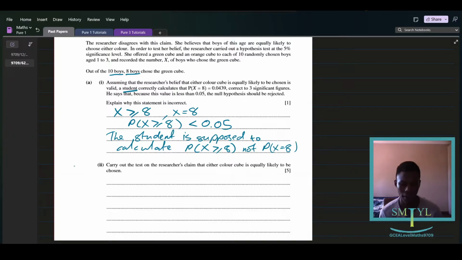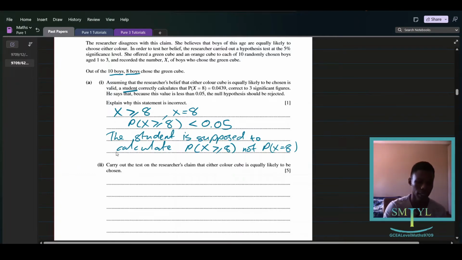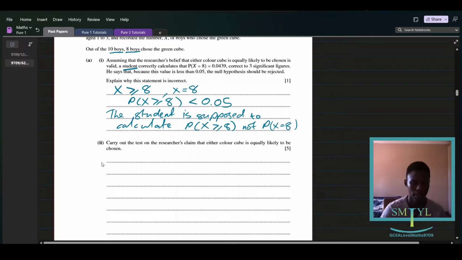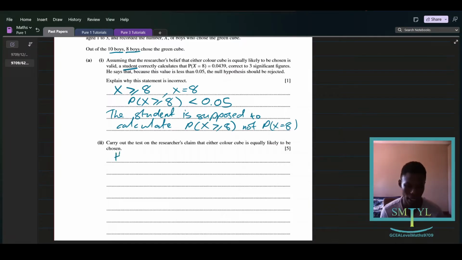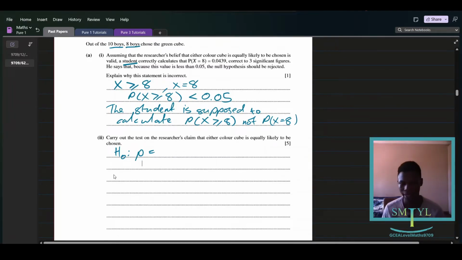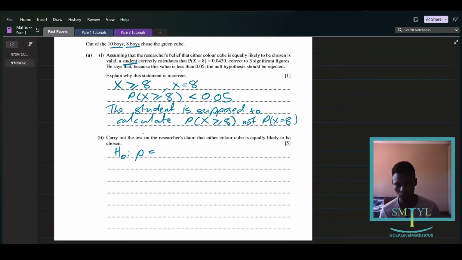Part 2. Carry out the test on the researcher's claim that either color cube is equally likely to be chosen. Okay, so let's start by defining our null and alternative hypothesis. H naught would be the probability. So we have a green cube and an orange cube. So the boy can either choose a green cube or an orange cube, which is a 1 in 2 chance of picking a green cube.